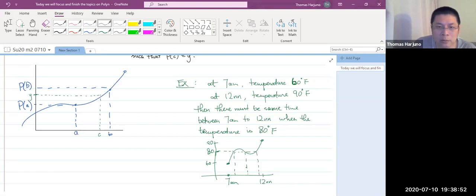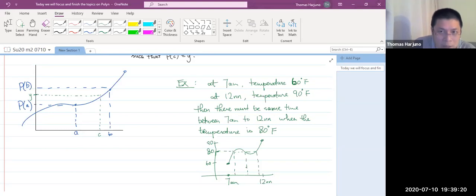Temperature, as we observe right now, at least through human history, is continuous. So if in the morning it's 60 degrees Fahrenheit and at noon it's 90 degrees Fahrenheit, then somewhere in between it hits 85 degrees Fahrenheit. Sometime in between it hits 70 degrees Fahrenheit.